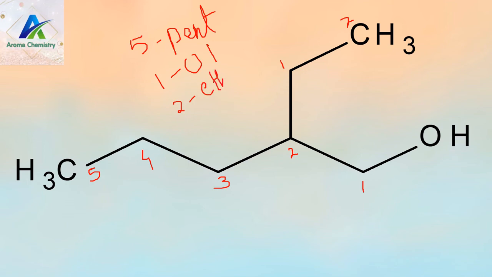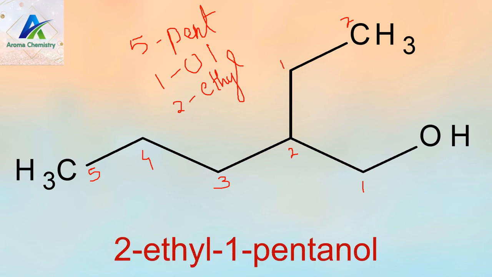If this compound is a root word, we call it as a ethane, but it is a substituent, so ethyl. We use ethyl. So that compound name is 2-ethyl 1-pentanol. Yeah, 2-ethyl 1-pentanol. Okay, and next one.